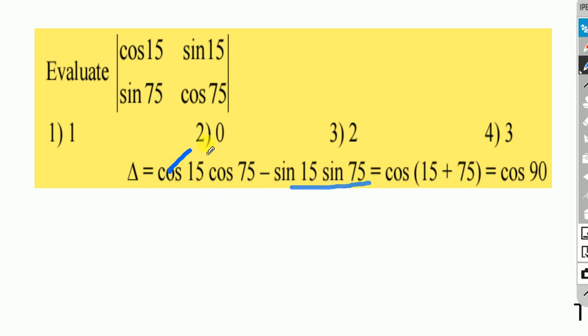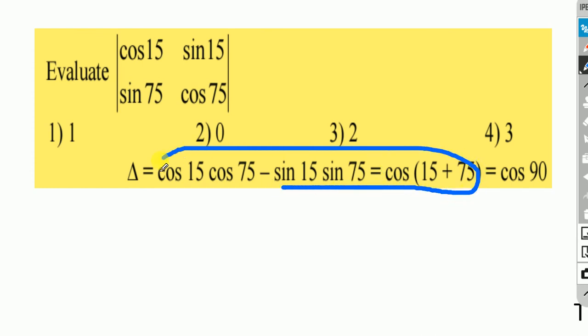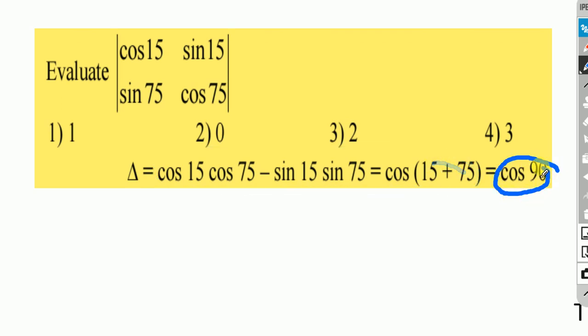So I have cos A cos B minus sin A sin B, which is nothing but cos of (A plus B). 75 plus 15 is 90, cos 90 degrees. So cos 90 is 0. Therefore option 2 is the right answer for this question.